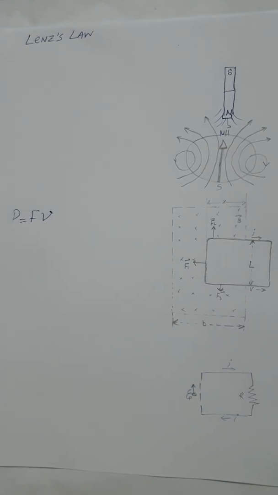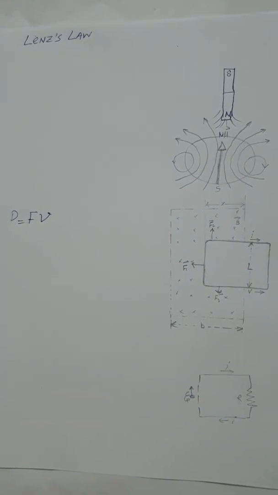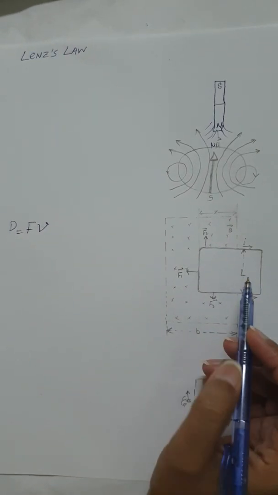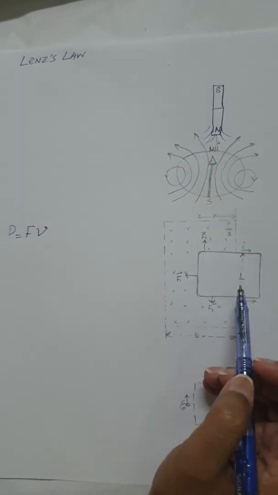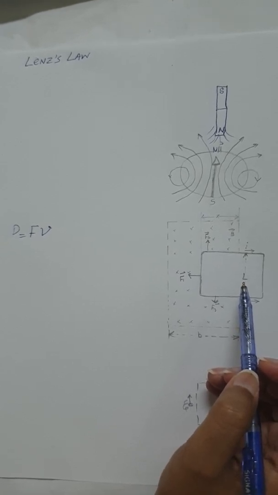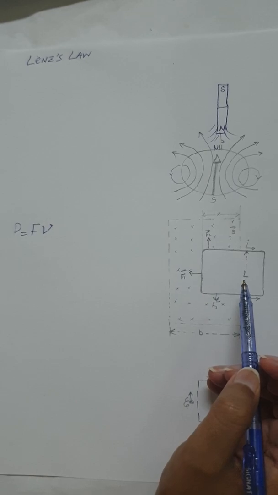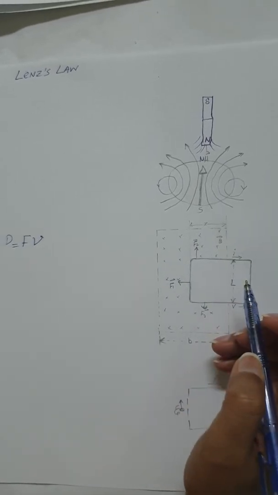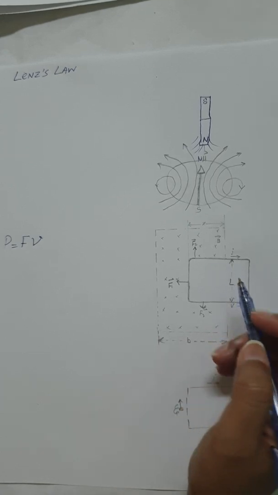To find the current, we first apply Faraday's law. When x is the length of the loop still in the magnetic field, the area of the loop still in the field is L times x.